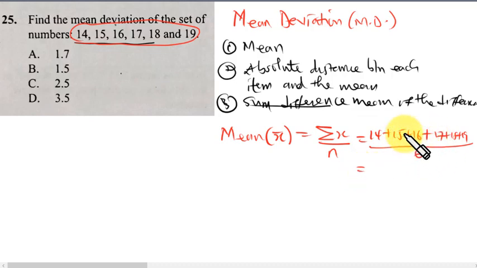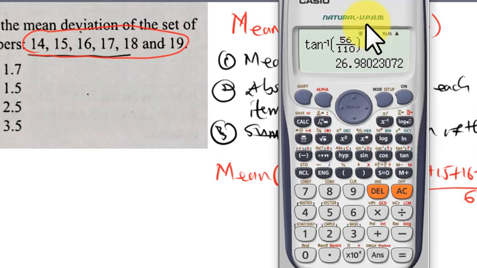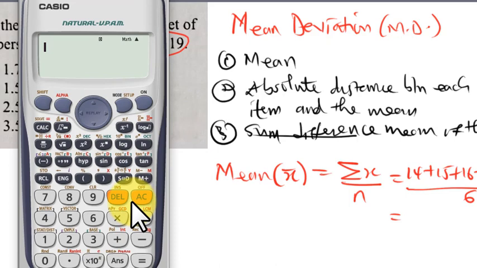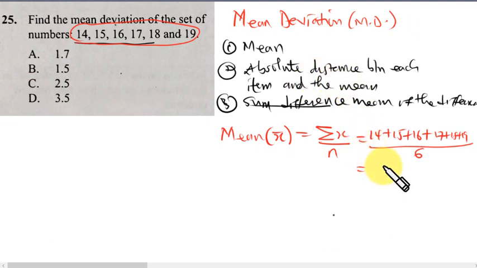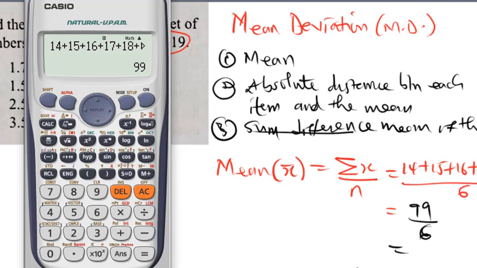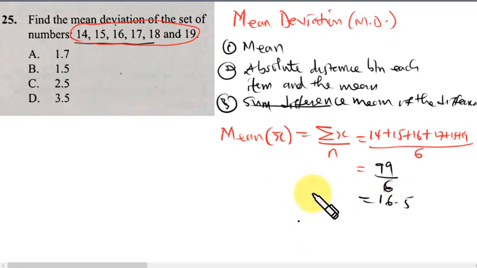Adding these, we get 99, so we write 99 divided by 6, and we have 33 over 2, which is 16.5. So the mean of the data is 16.5.